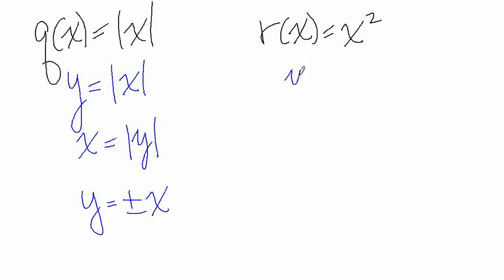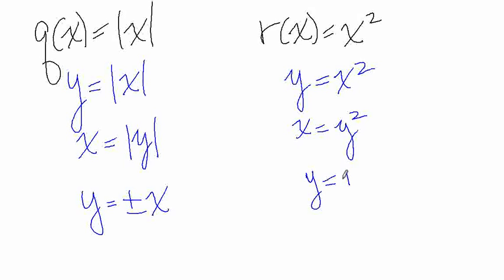So we would work with the equation y is equal to x squared, and then x is equal to y squared. And then what would happen if we tried to solve that? Well, we can't solve for y. The best we could do is determine that y is equal to the square root of x or minus the square root of x.